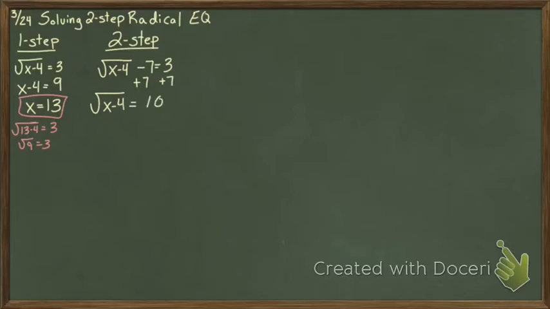I'm going to square both sides, so I have x minus 4 equals 100. And then I would add 4 to both sides. And then after that, if I would need to, I would plug that back in for x to check to see if it's extraneous, which it's not. That's going to be the solution on this one.